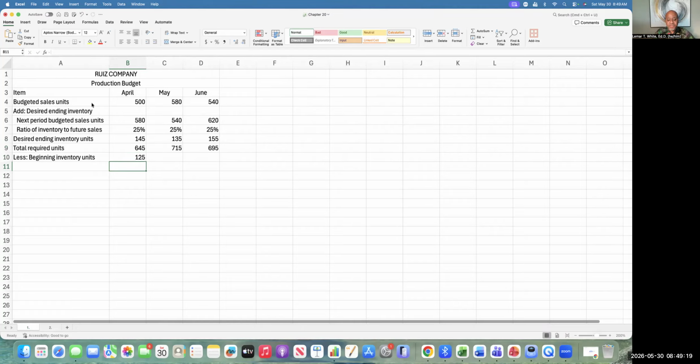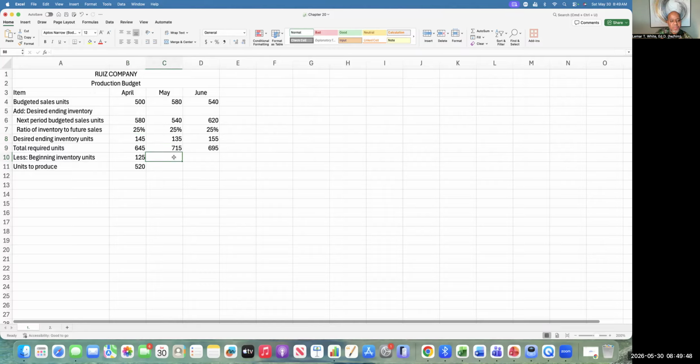How many do I need to produce for April? I subtract these two numbers, and that gives me 520, which is units to produce. Similar for May, I need 715. How many do I have in my beginning inventory for May? Remember, our ending inventory units from April become our beginning units in May.